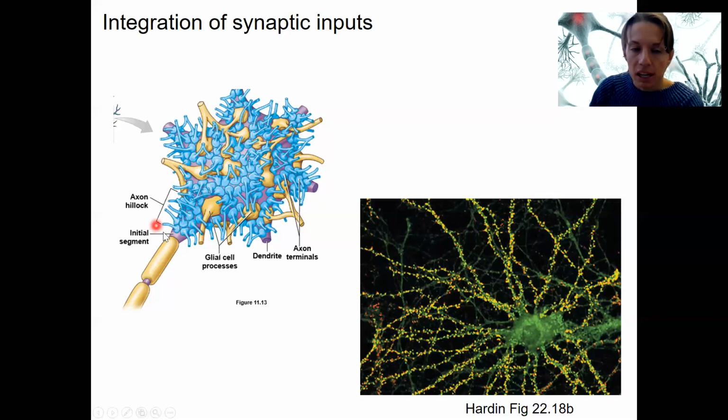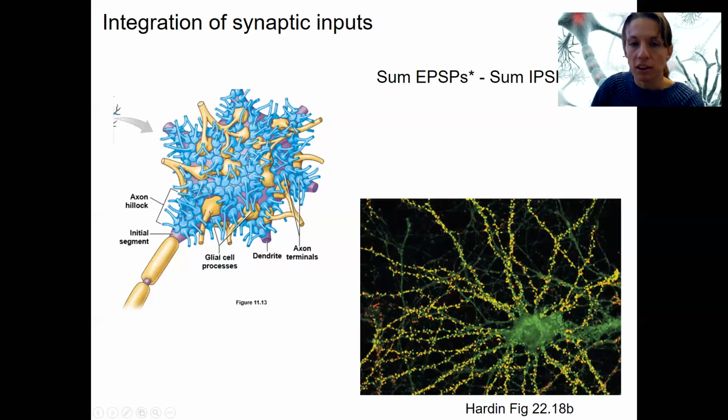And why does an action potential generate here? That's where there are voltage-gated sodium channels, period. So this is that all-or-none phenomenon that occurs right here if we've got a large enough signal.